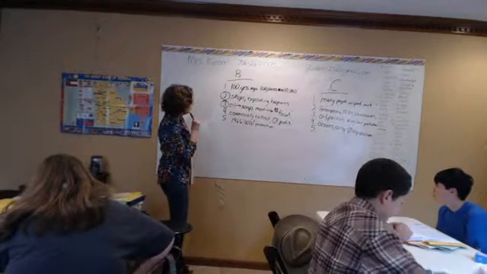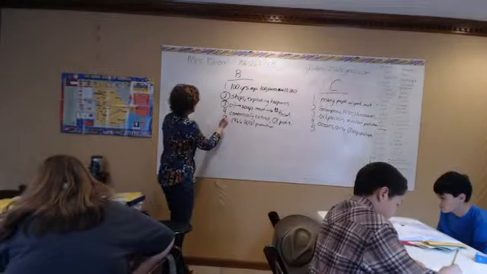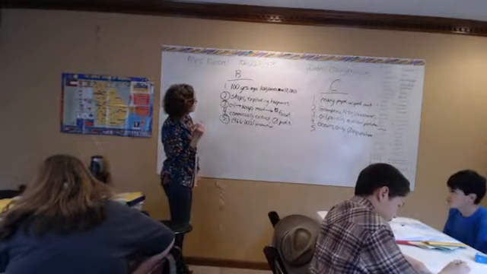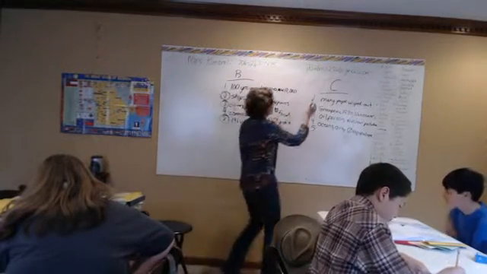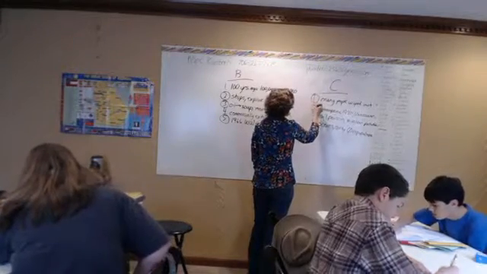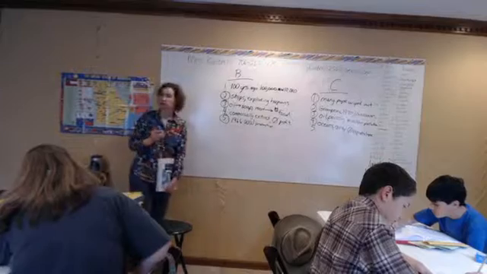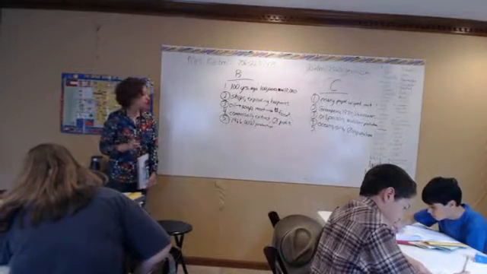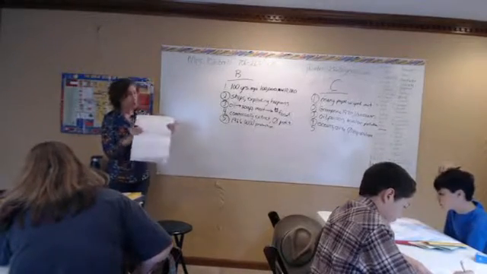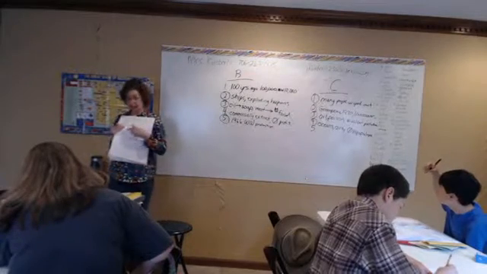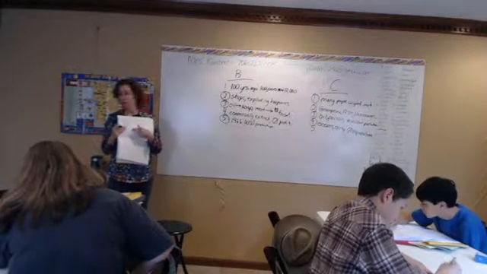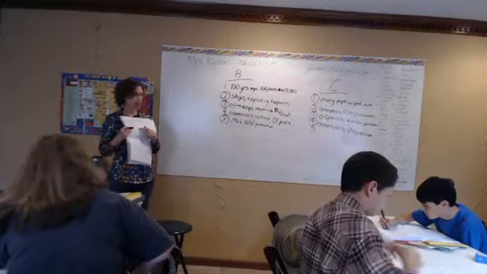I like that one. I like that one. I like that one, that one, that one, and that one. Decide which facts I want to use. And then you write those facts down here on the bottom. You can choose different facts if you want. You don't have to choose mine.